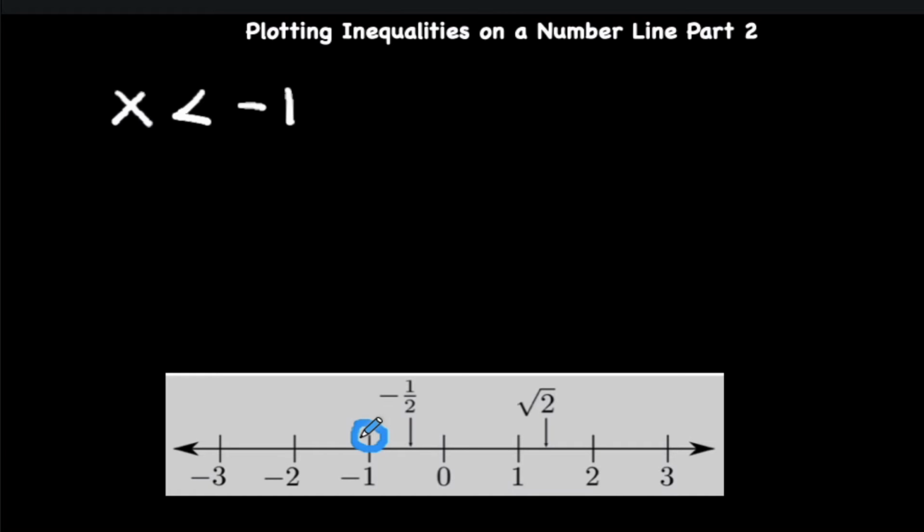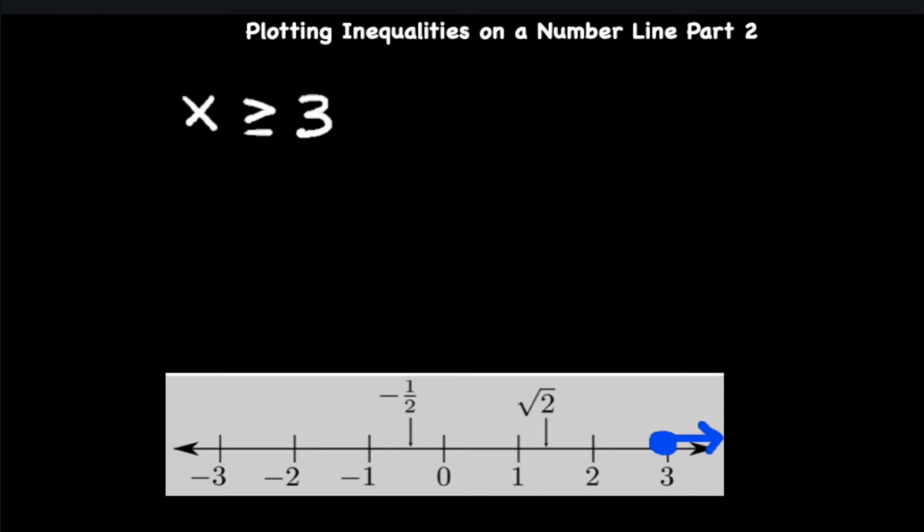X is less than -1, so we are shading towards the left. Another example would be if you have x is greater than or equal to 3. So we know this is going to be a closed circle on the number 3. That means we're shading towards the right.